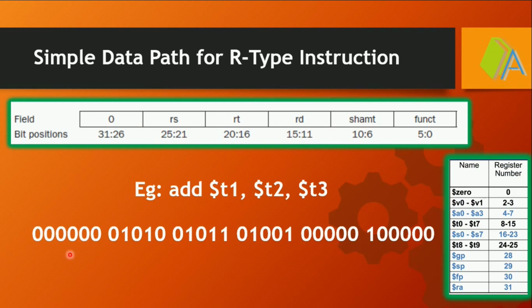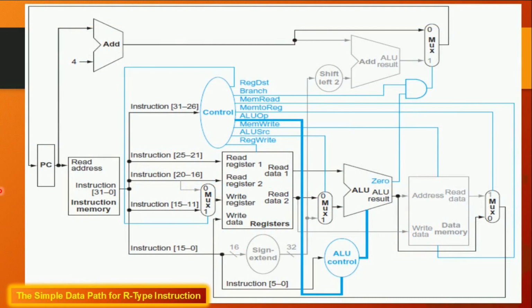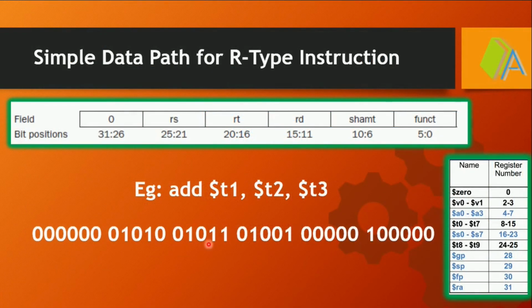For example, this instruction is stored at address 2000. So the program counter will now hold the address 2000. The processor will look at the 2000th address and fetch this 32-bit instruction for add.